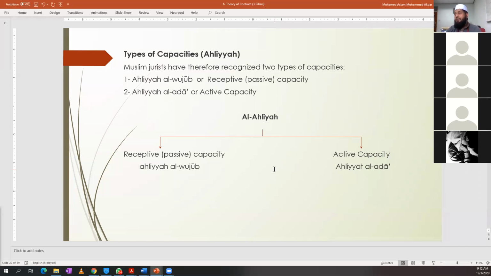Then you have complete receptive, which is a child. A child, for example, 2 years, 3 years, 5 years, is complete receptive capacity. Then you have active capacity, as I told you, incomplete and complete.